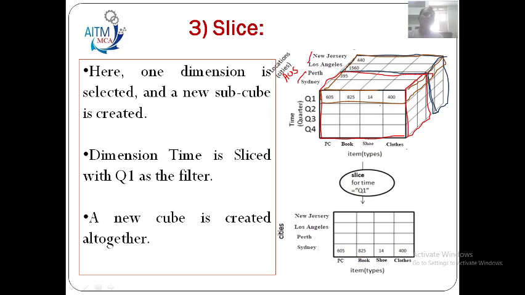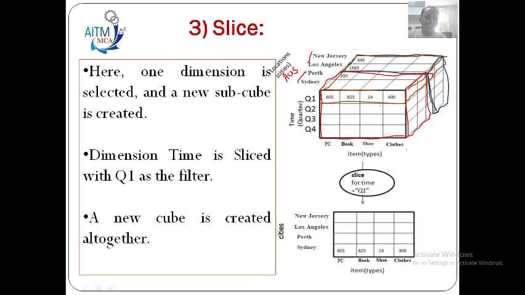Assume that there are 4 bread slices. The first top one is quarter 1. The second slice of the bread represents quarter 2, and the third and fourth slices represent quarter 3 and quarter 4 respectively.